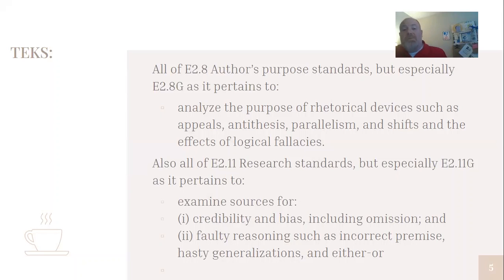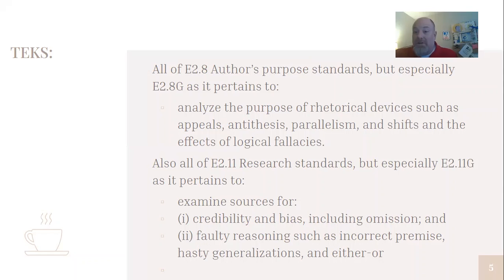All of our author's purpose standards, the E2.8s, are going to be super important. I want to call your attention to E2.8G because it has some pieces that go really well with argumentative text, like rhetorical devices and logical fallacies. So this would be the unit where you can dive deeper into that. You might want to call those out as you analyze those texts.